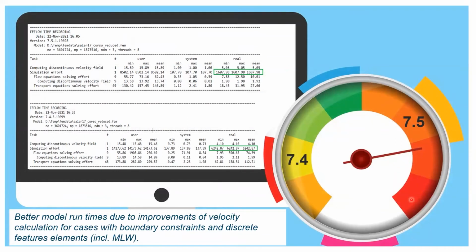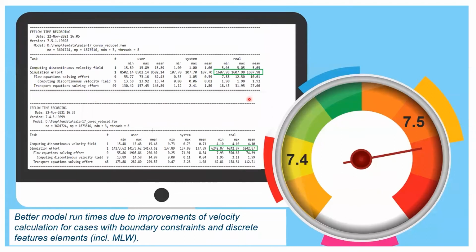We also reviewed the way we calculate velocities in FEFLOW for specific cases with boundary condition constraints, and also multi-layer wells and discrete features. Some things were redone, reviewed and improved, so we end up with a speed gain in the performance of the calculation. I took one of my test cases, a big one I would say: 3.6 million elements, a density-dependent flow and mass transport, one species associated to the density.